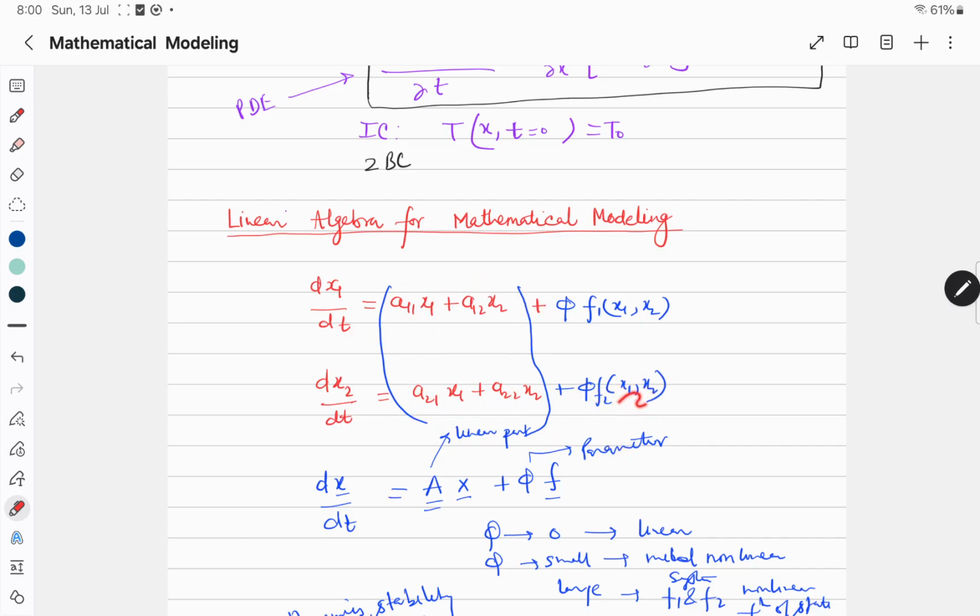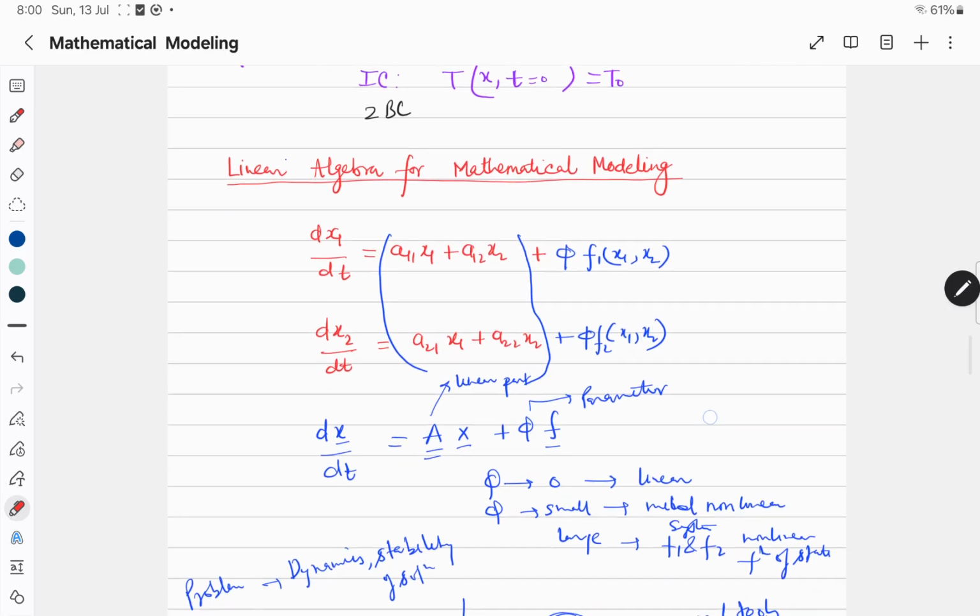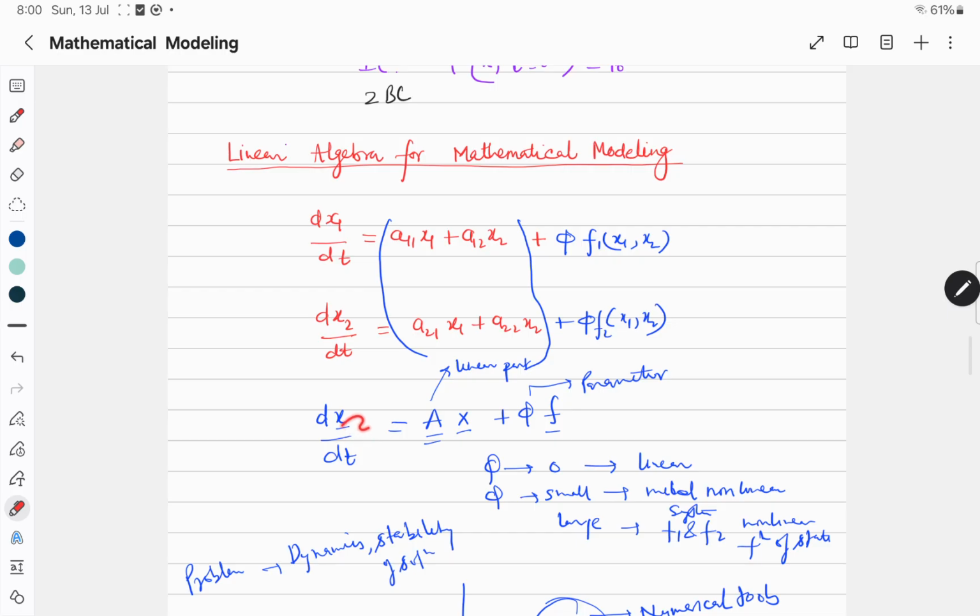Now if phi tends to 0, then this becomes a set of linear differential equations. We can write it in vector form: dx vector over dt is equal to a matrix part, a11 a12 a21 a22, times the x vector, plus phi f.